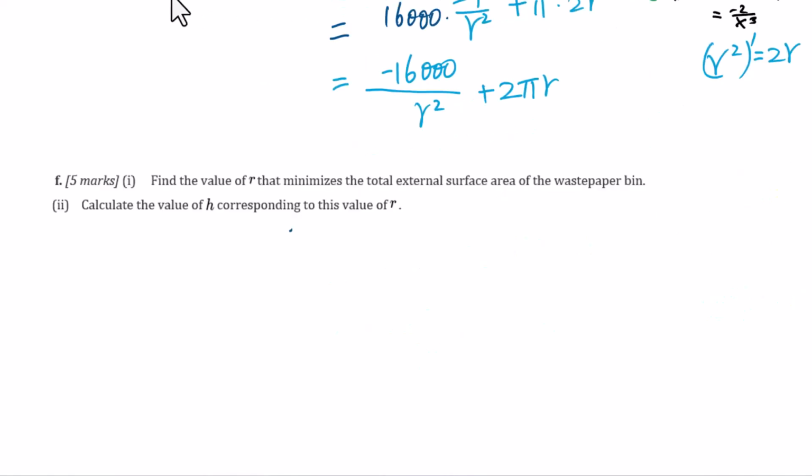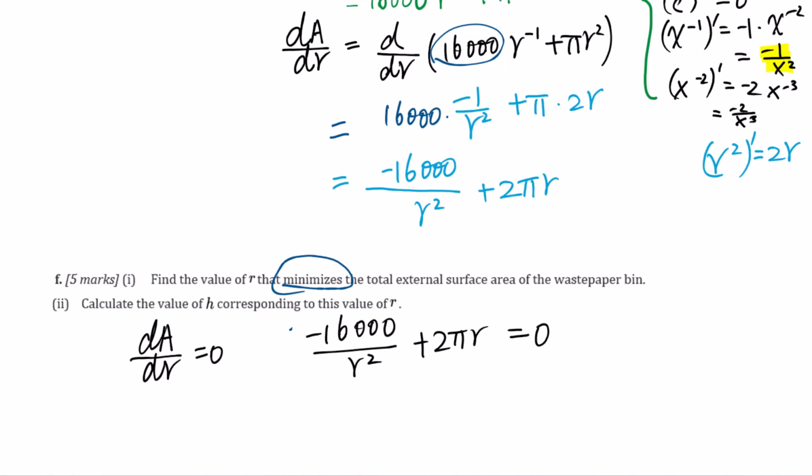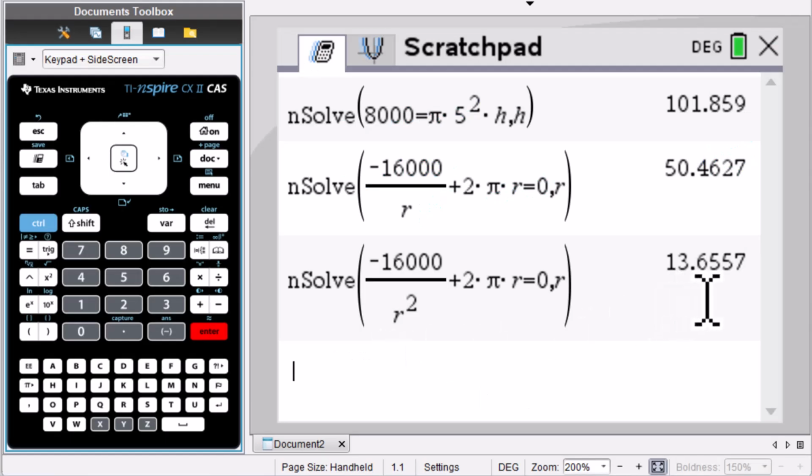Let's go to F. Find the value of r that minimizes the total external surface area of the waste paper bin. We will set up dA dr equals 0, which means negative 16,000 over r squared plus 2 pi r equals 0. Let's go to equation solver. We got 13.7 is the solution.